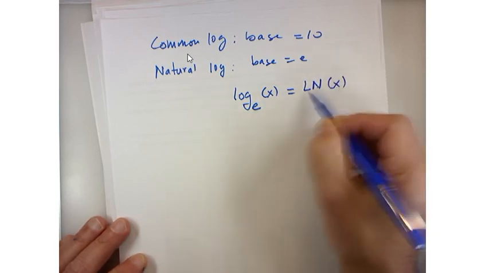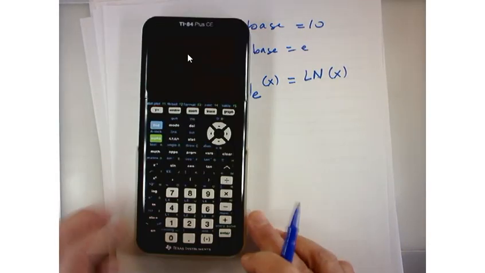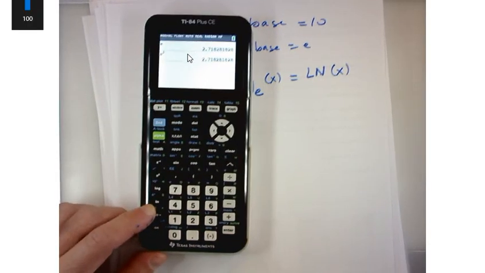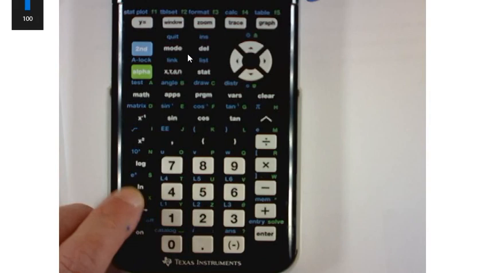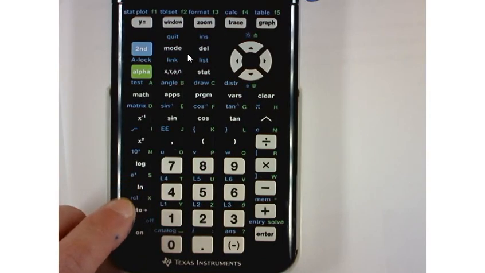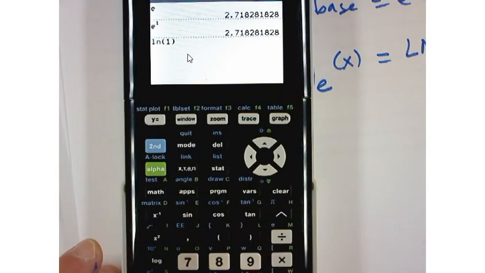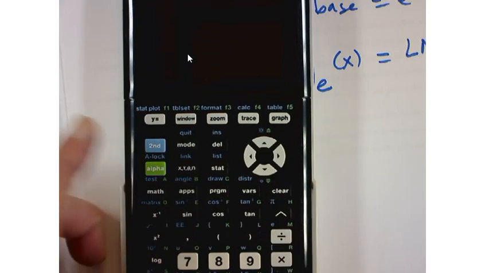When you see ln, the base is automatically e. And you can see that log right there, ln. You can see it's base e because there's an e in the background, so you know it's the base. So if you want to do, say, ln of 1, that's log 1 base e, which is 0. Log 1 to any base is 0. Okay?